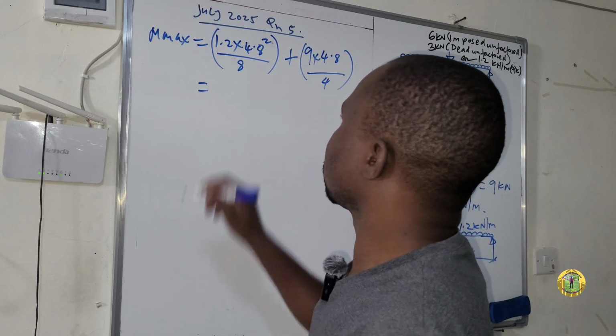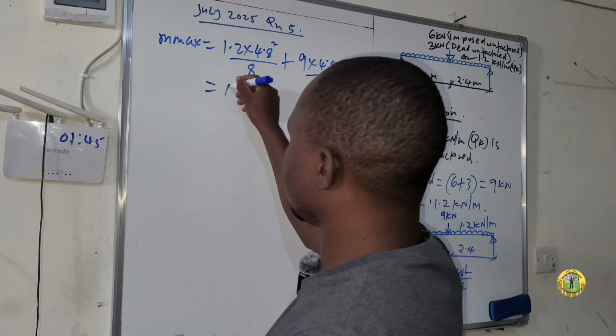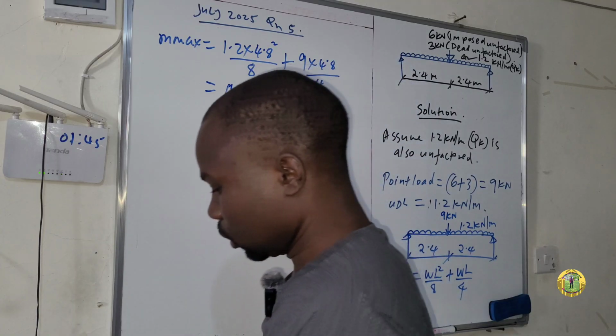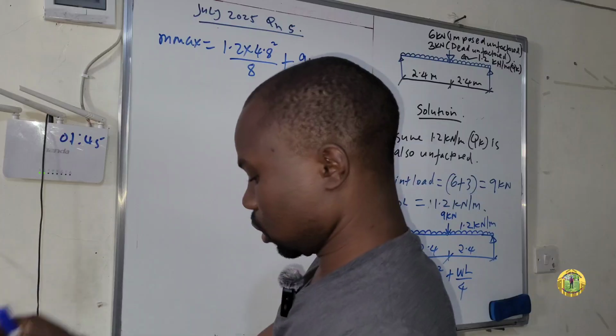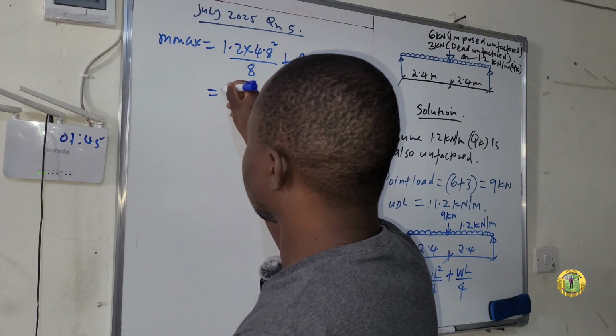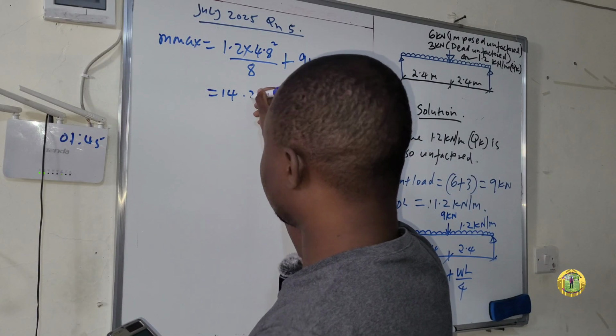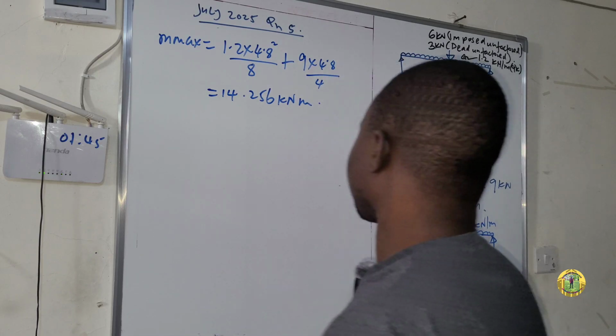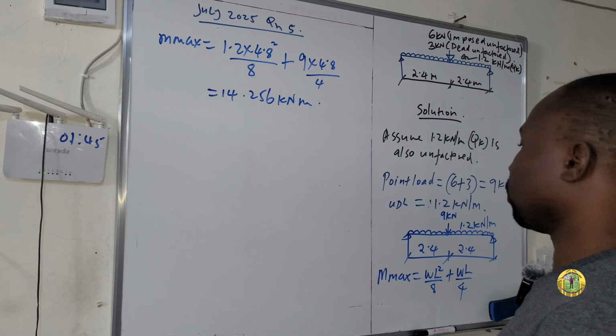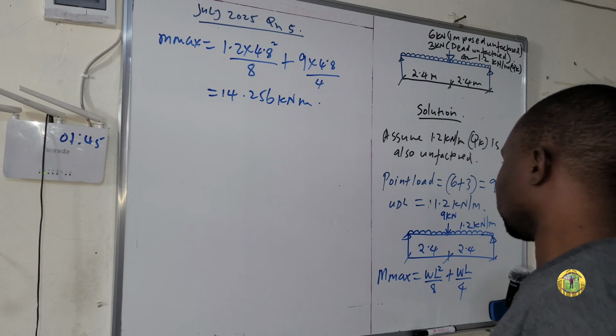So the answer is 14.256 kilonewton meter. And then after calculating the M max, we'll also calculate the shear force.